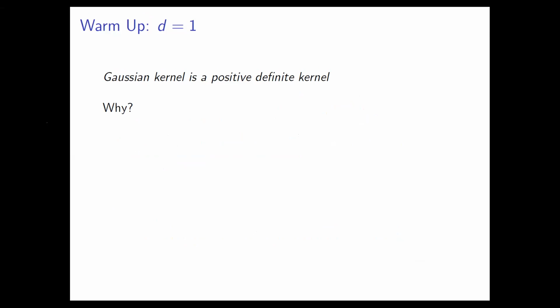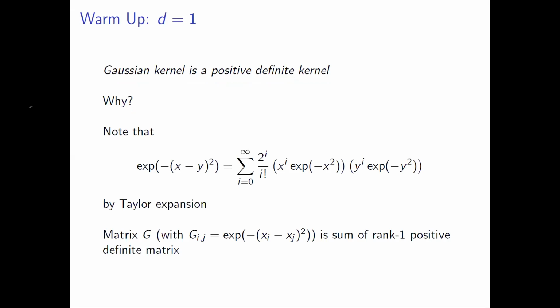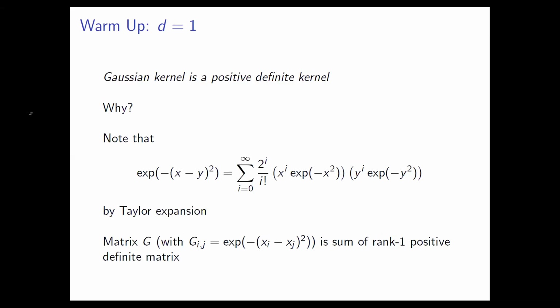Remember that the Gaussian kernel is a positive definite kernel. But why? So one way to show it is to expand the Gaussian kernel by the Taylor expansion. If we look at the expansion more closely, it is actually the sum of rank 1 positive definite matrices.